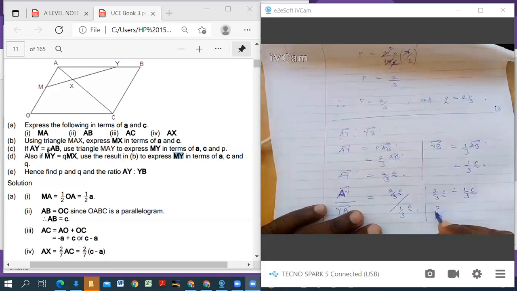Which is 2 over 3C times 3 out of 1. C goes down, isn't it? Because C is up here, so it goes down. Because 1 times C is C, so this is like C over 3, isn't it?